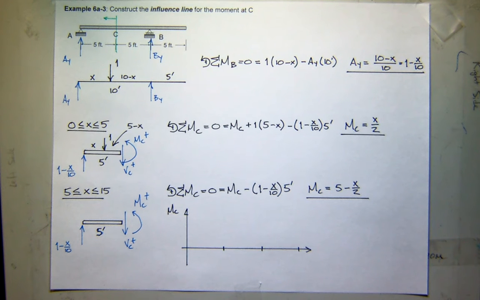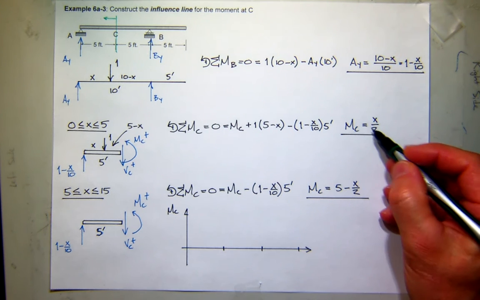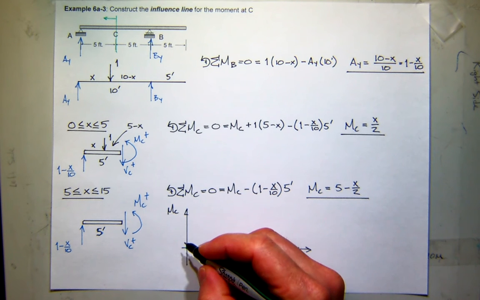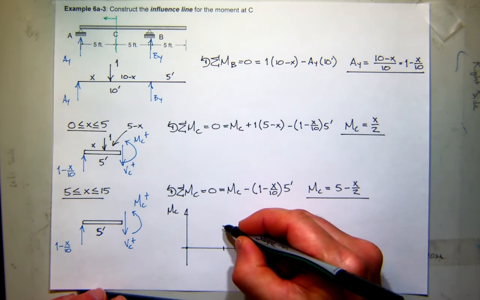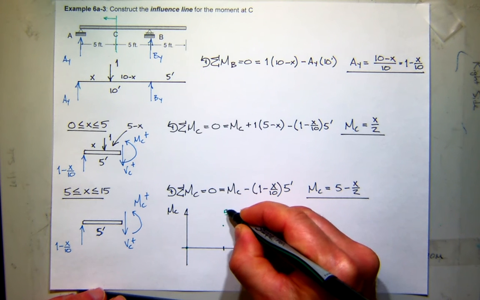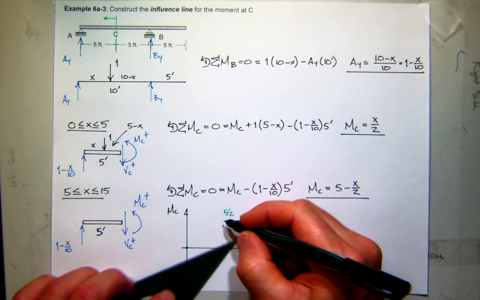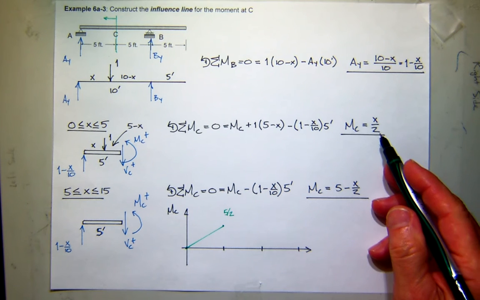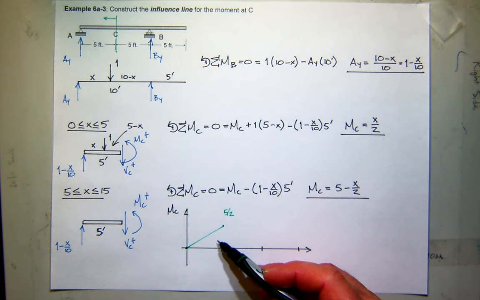So we'll start with the first equation. At x equals 0, it's 0. At x equals 5, it is 5 over 2, and that's linear. So that is the graph for this equation.